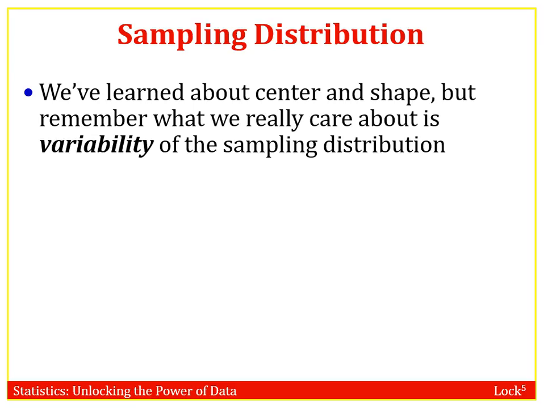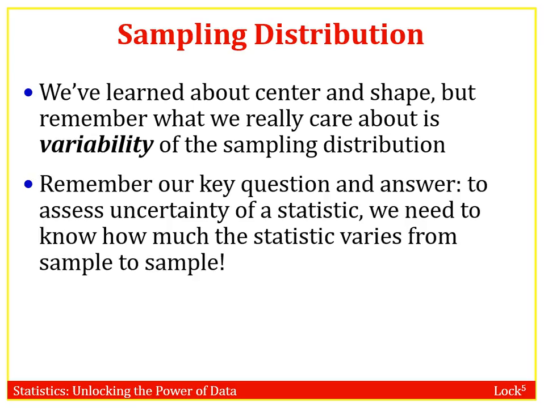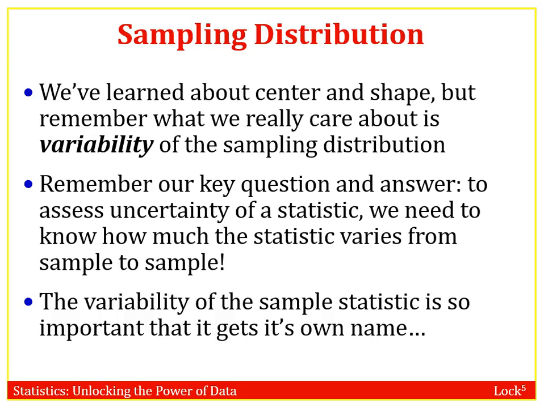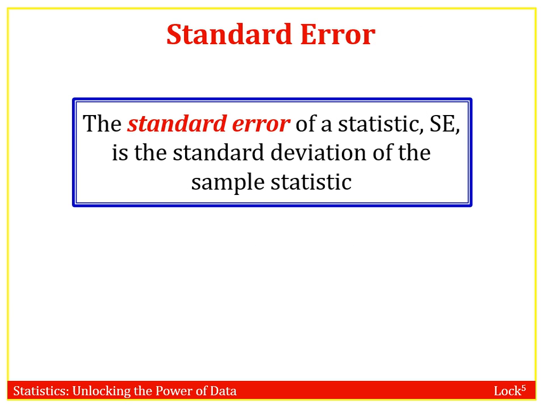Now, we've learned about the center and the shape. And remember, what we're really concerned about is the variability in our sampling distribution. We need to know what is the uncertainty of our statistic. How much does it vary from sample to sample? This variability is so important it gets its own name, and it's called standard error.